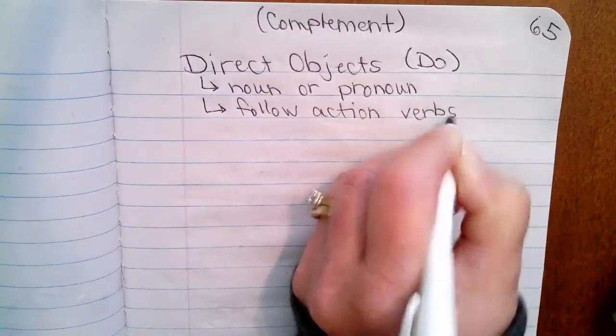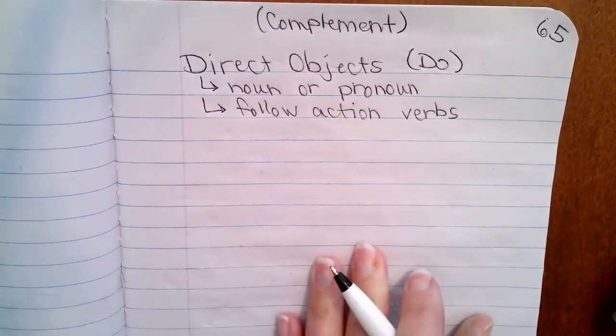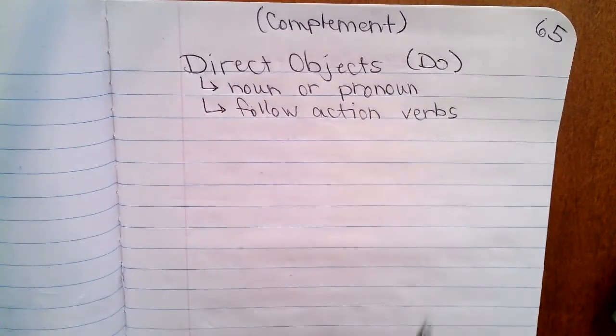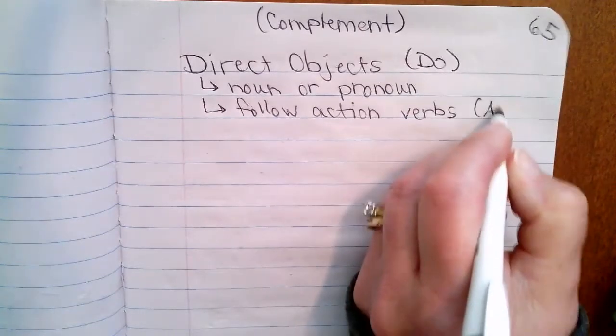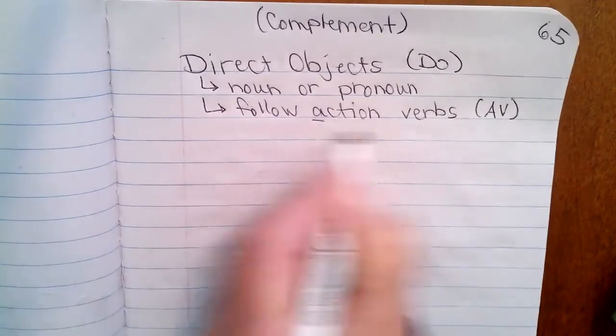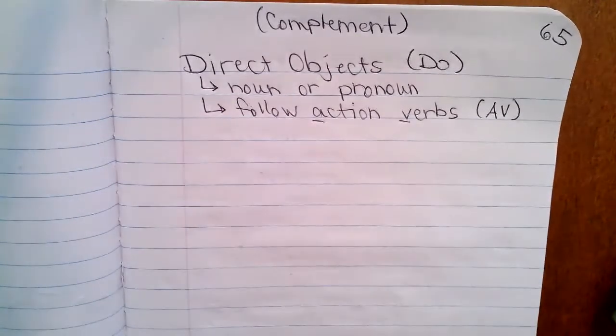Now, usually for verbs, we've been underlining them 2 times to show that they're a verb. What we're going to start doing to show action verbs is label them with AV for action verb. Makes sense, AV, action verb.